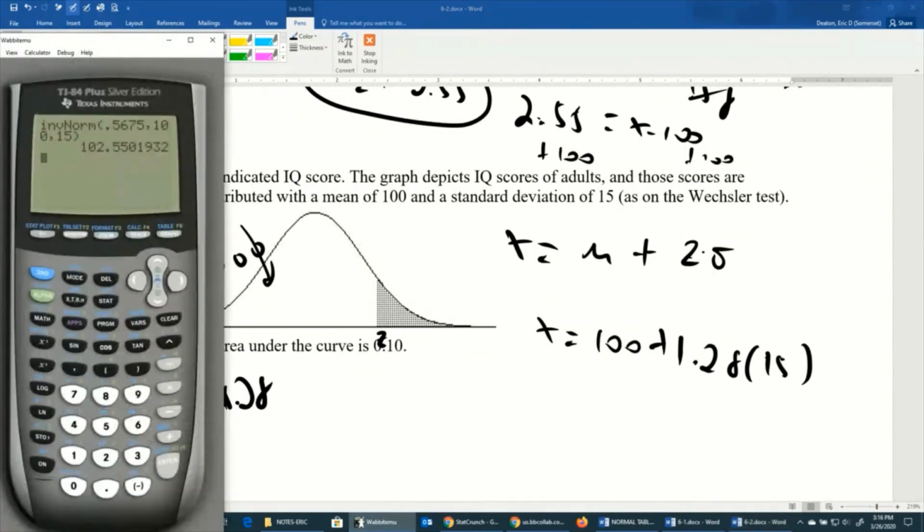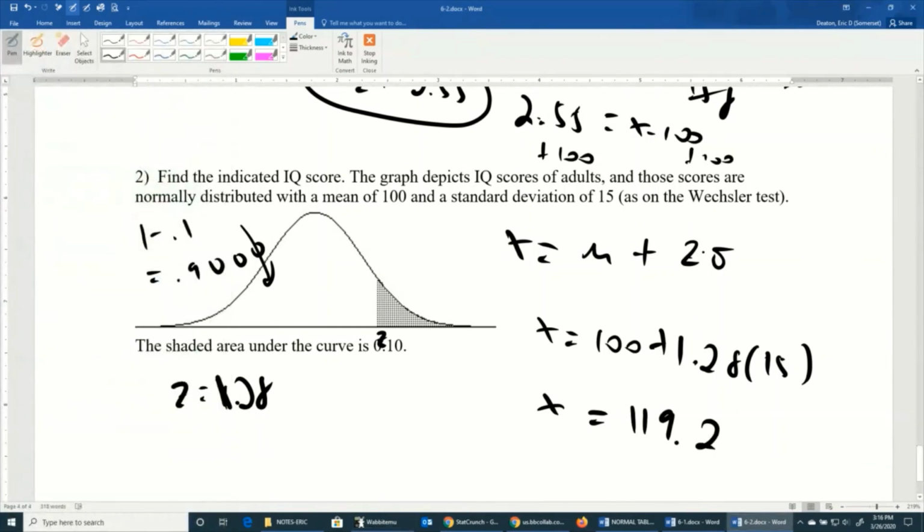You would take out your calculator and type in 100 plus 1.28 times 15. So that x value, or IQ score, would be 119.2. Since it's way over there, it should be way bigger than 100.